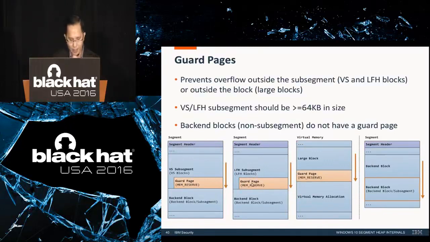Also, to prevent an overflow from corrupting data outside the large block, a guard page is also added at the end of the large block here. Backend blocks, on the other hand, do not have a guard page, allowing an overflow to corrupt adjacent data outside the backend block.